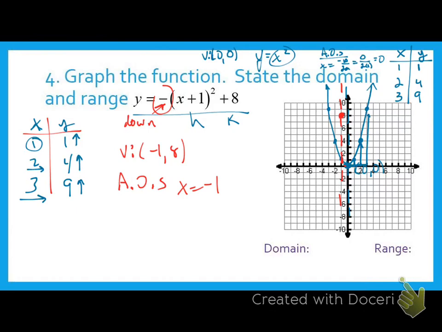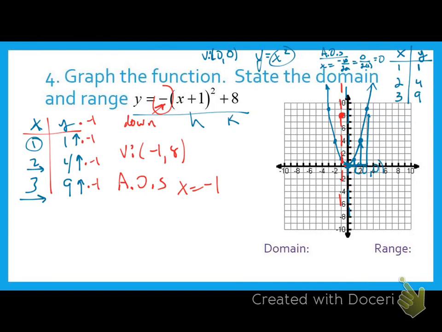Now, our new graph is going to be the same way, only we know that it's going to open down. A is going to change how we walk in our new graph. So instead of doing this, I got to take the A in our new graph, which is negative 1, and multiply all of these y's by negative 1. And that will tell me how I'm supposed to move now for my new graph.